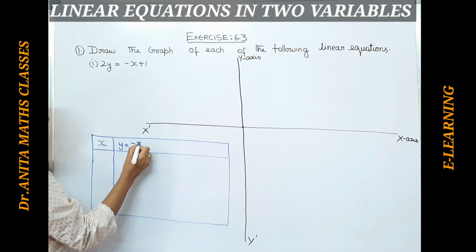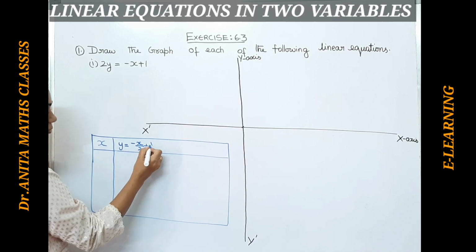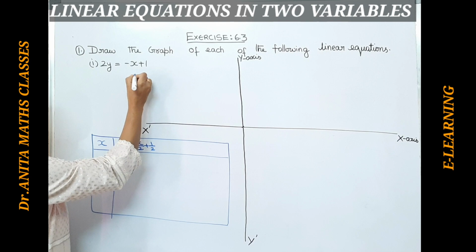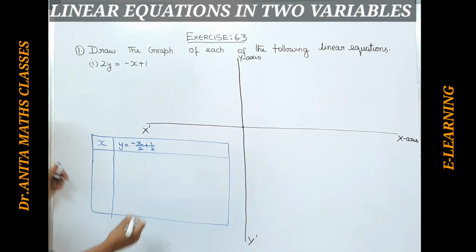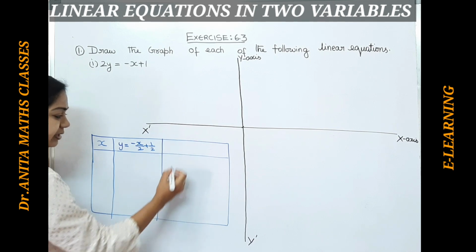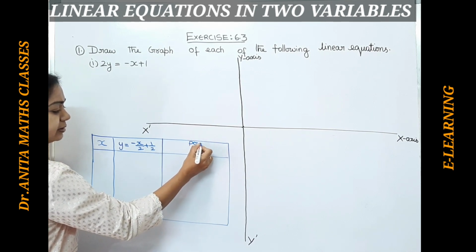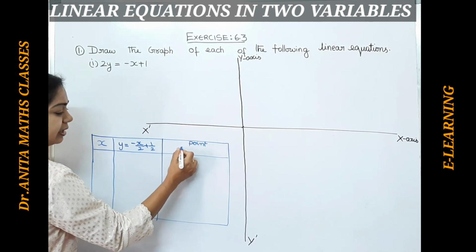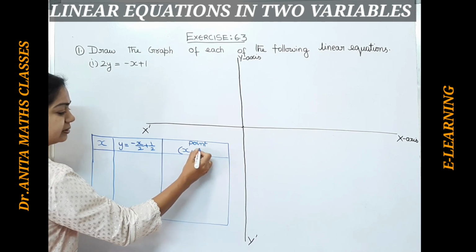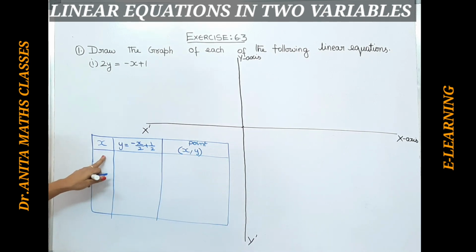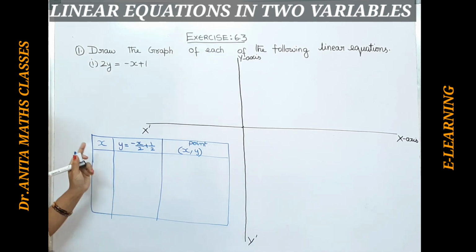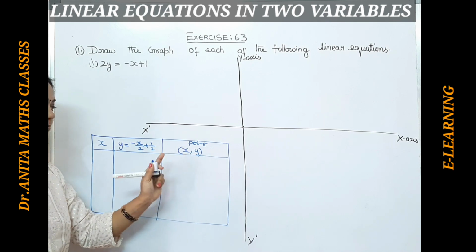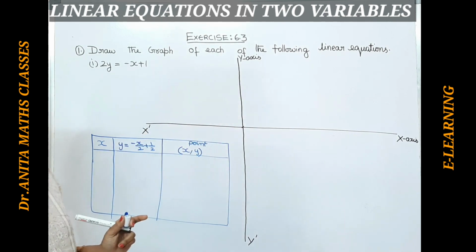We get y equals minus x by 2 plus 1 by 2, splitting both terms by 2. The point is nothing but x comma y. We apply the x values, and for the corresponding x values we get the y values. With the x and y values we get the point that we have to plot on the graph.